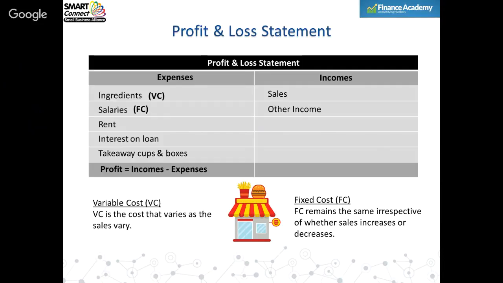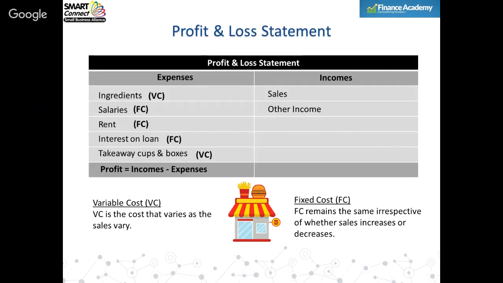So salary will be fixed, however commission will be variable cost, because if you sell more, obviously you'll get more commission. Rent, in all likelihood, is a fixed cost. Interest on loan is again a fixed cost. Take away cups and boxes. If you're selling more burgers, obviously you need more plates and cups and boxes. So it will vary if the sales vary.